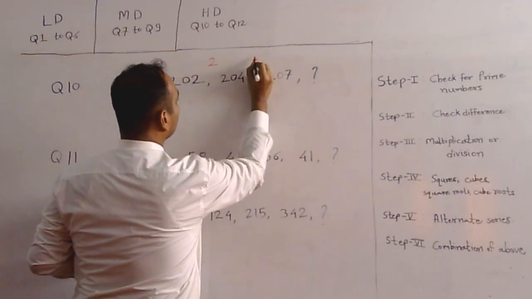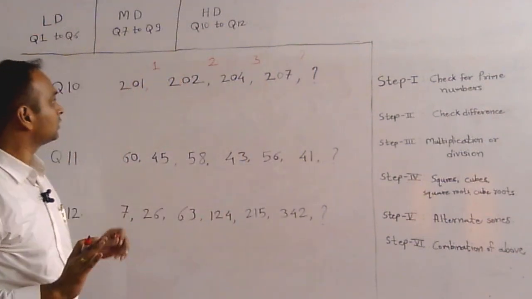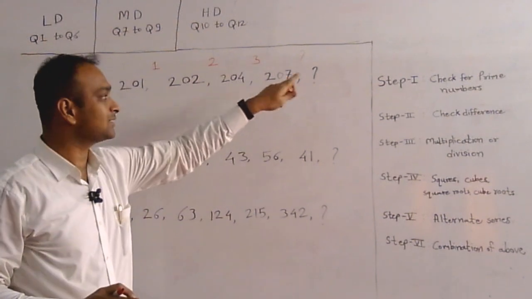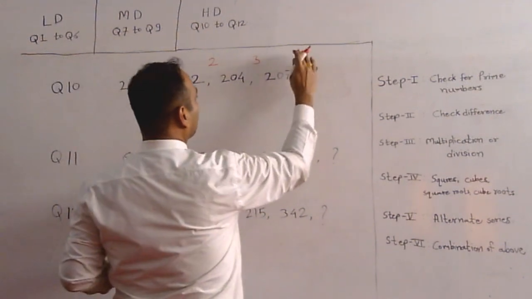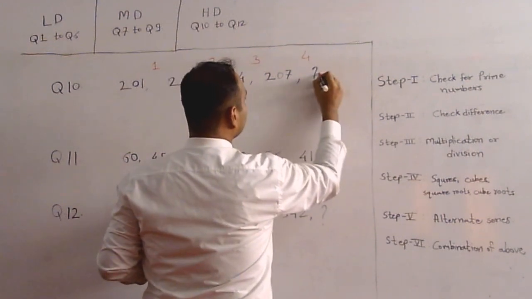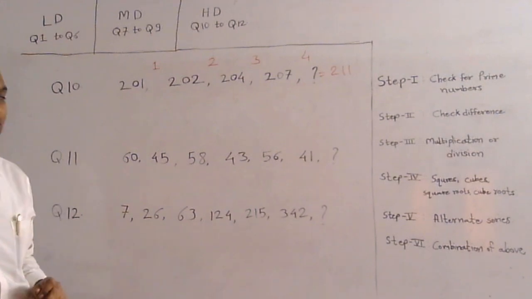Here the difference is of 3 and here we don't know, right? So 1, 2, 3, right? So next difference must be 4, and by doing it we get 211, and that is the right answer.